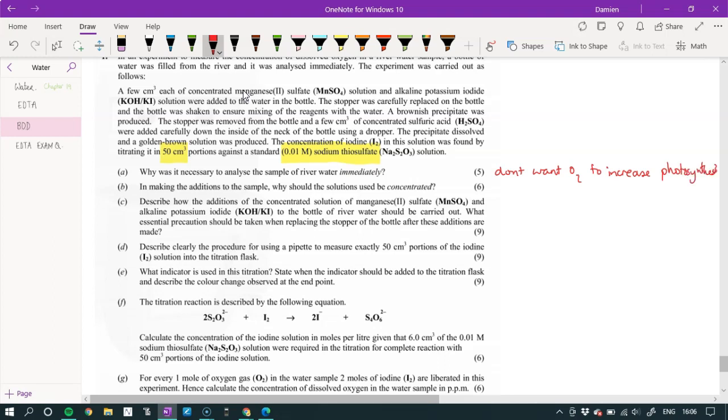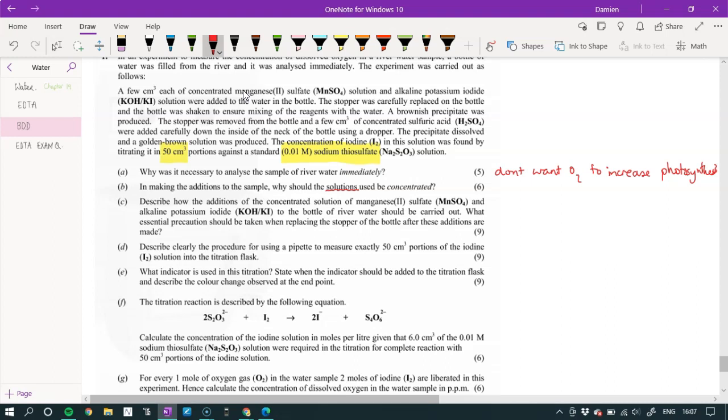In making the additions to the sample, why should the solutions used be concentrated? So when you add the solutions in, because it's already full to the brim with water, naturally enough, if you add solutions in, it's going to displace some of the water, because there's no other room for it.